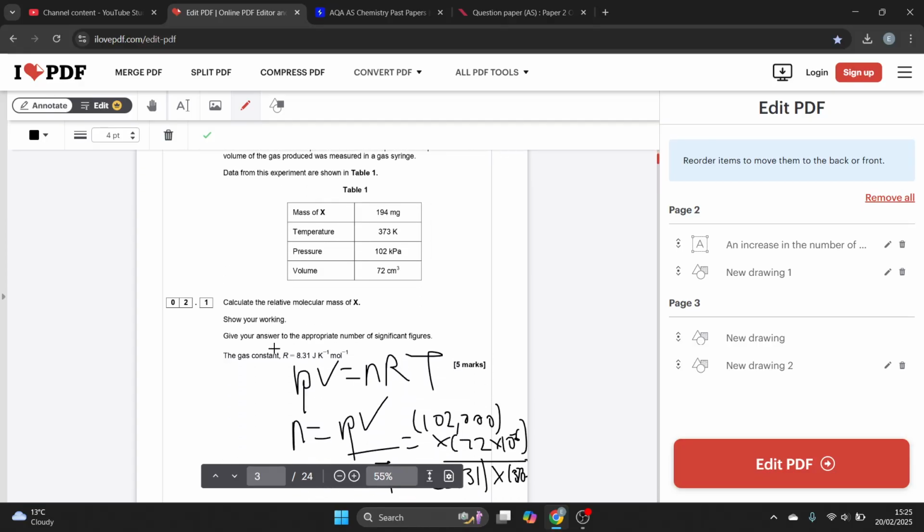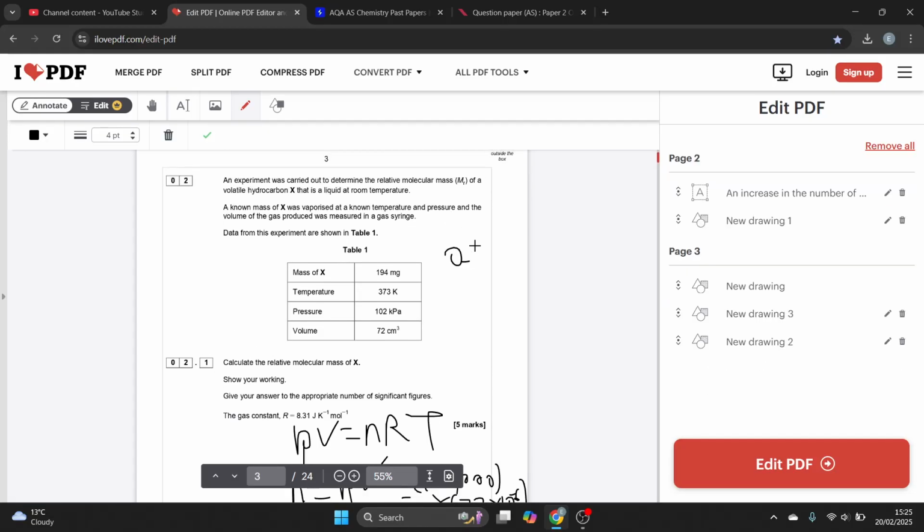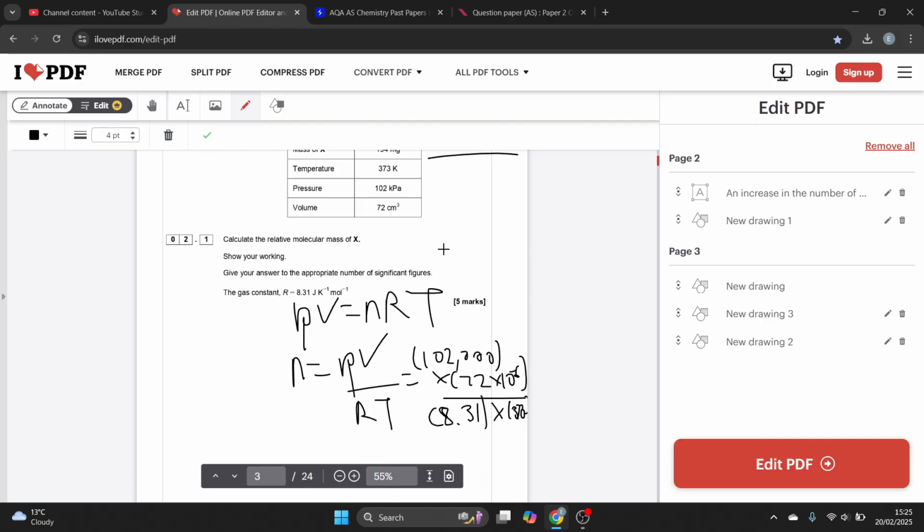Moles is mass over Mr, so Mr is mass over moles, 0.194 grams. That's in milligrams, so milligrams to grams, I just divide by 1,000, over the number of moles. And then give it to the appropriate number of significant figures.